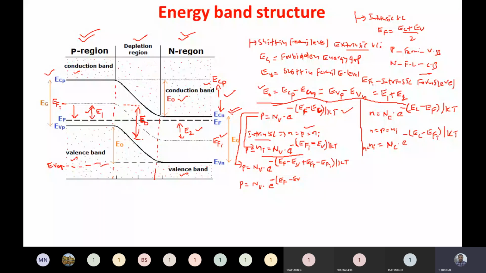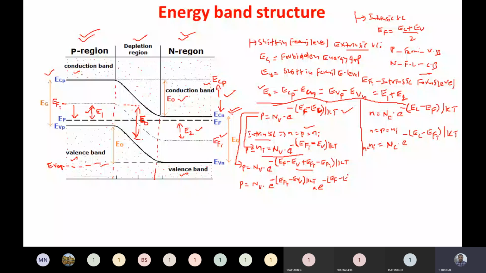So here what I am doing is EFI minus EV divided by KT into e power, what will be the remaining thing? This thing is gone. So what is the remaining thing? E power minus of EF minus EFI divided by KT.